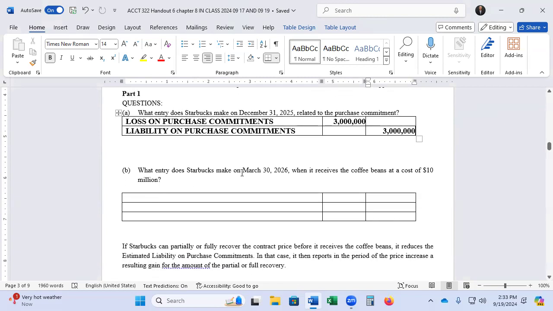What entry does Starbucks make on March 30, 2026 when it receives the coffee beans at a cost of 10 million? So purchases, which is tied to inventory, 7 million.